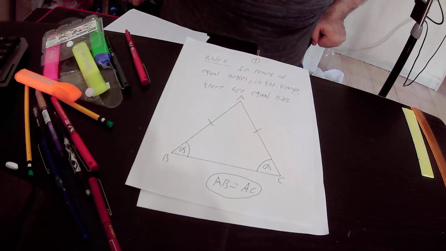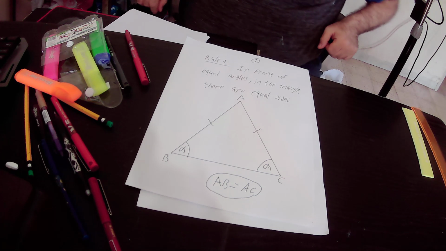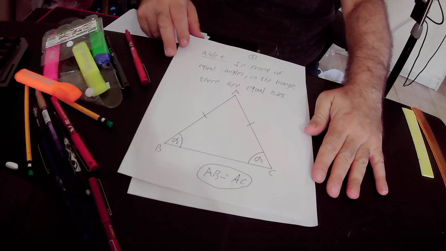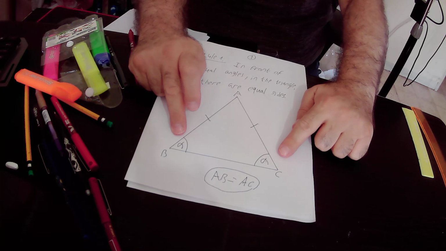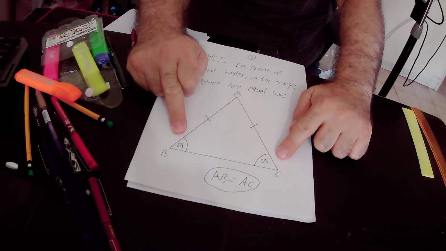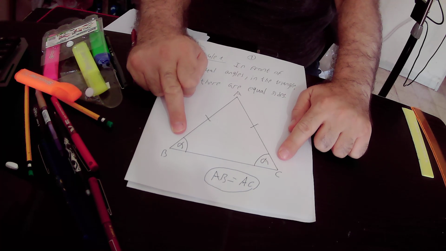So according to rule number 1, if we have triangle ABC that has two equal angles, both equal to alpha, then in front of those equal angles there are equal sides.